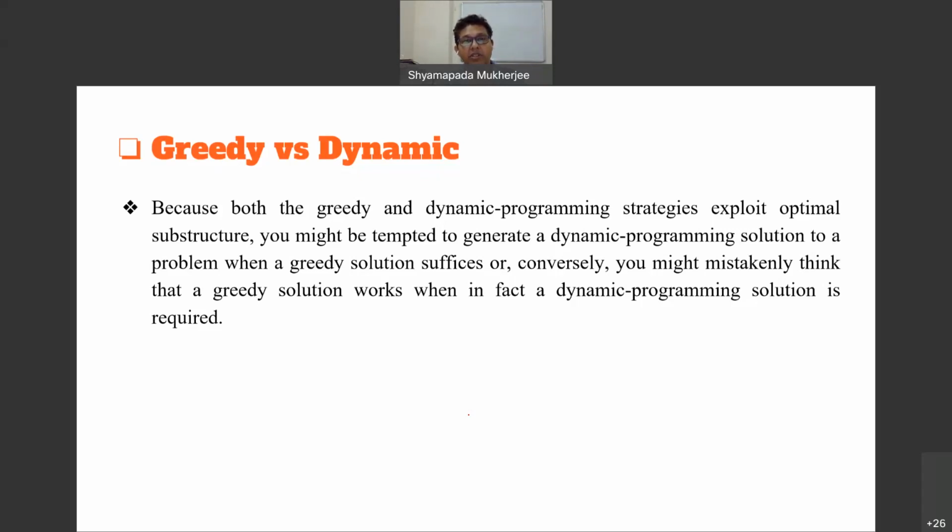It can be solved using dynamic programming only. Or sometimes it may happen vice versa: the problem we are trying to solve with dynamic programming is better solved by the greedy strategy in terms of time efficiency and all. So we need to understand the intuition, and experience will tell you which particular algorithm we should use to solve an optimization problem. We'll talk about that also.